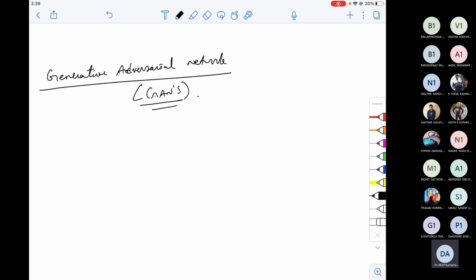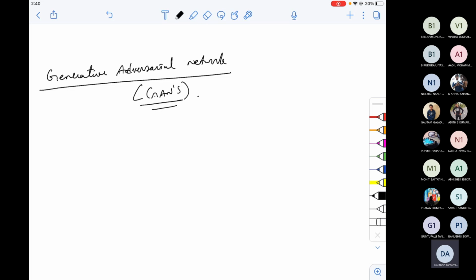Now, what's the main theme of GANs? They are also used to generate new output images compared with input images. The applications I mentioned, image to image translation and text to image translation, are similarly solved by GANs.